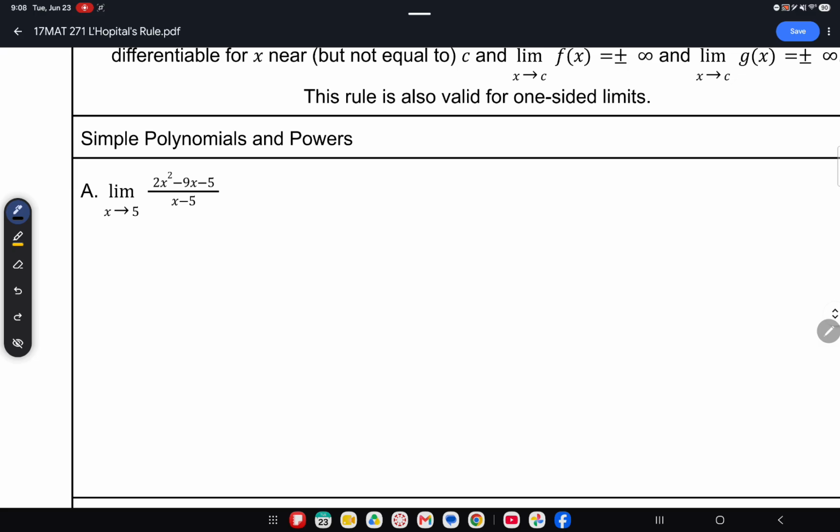So what we can do is L'Hopital's rule. So we can take the derivative of each piece. So the derivative of the numerator is going to be 4x minus 9, and the denominator now becomes 1. And now I can try direct substitution again. So if I plug that in, 20 minus 9 is what, 11? And I get a value. So the limit is 11.